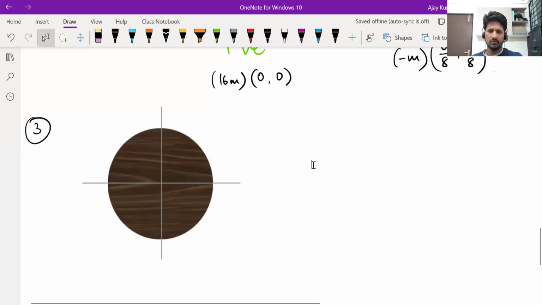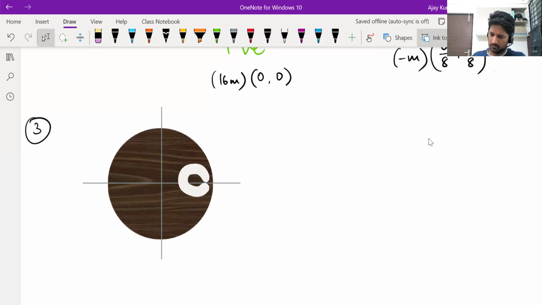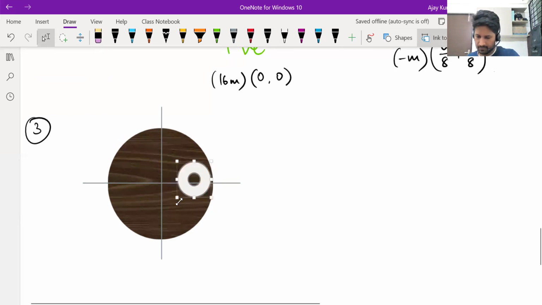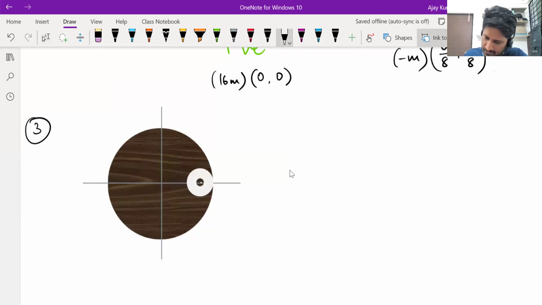The removed part is also in the form of a circle itself. Okay, assume the situation is like this.